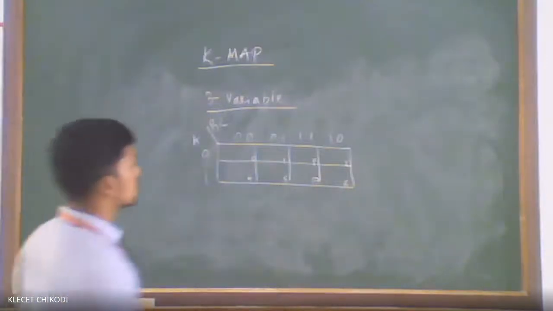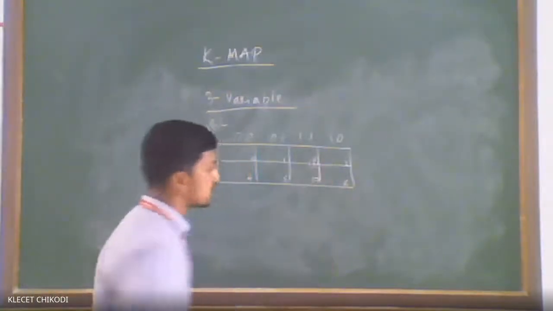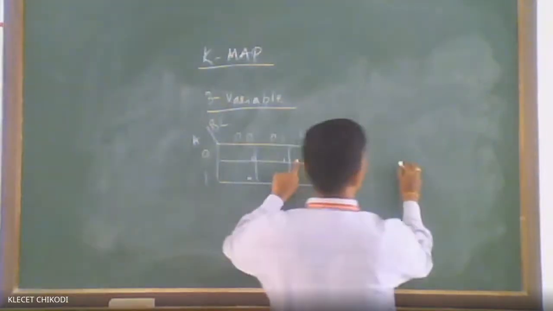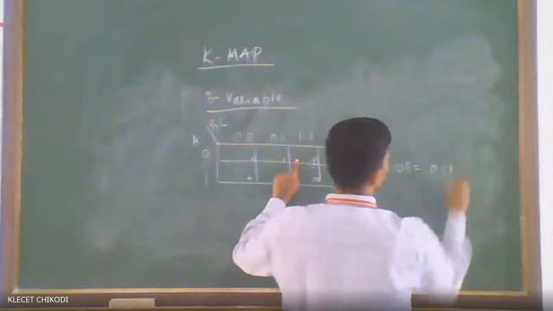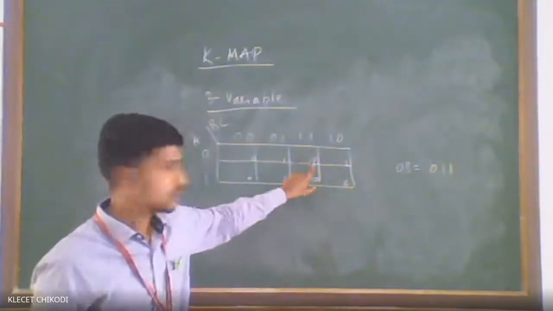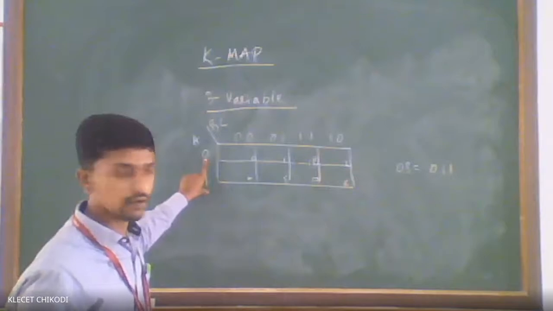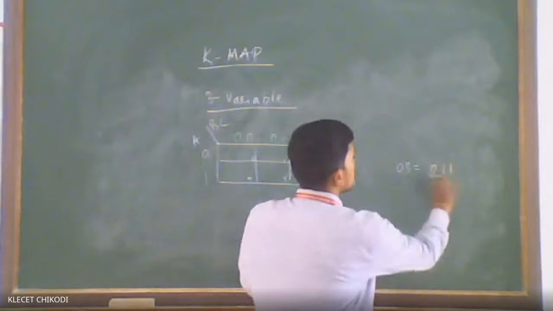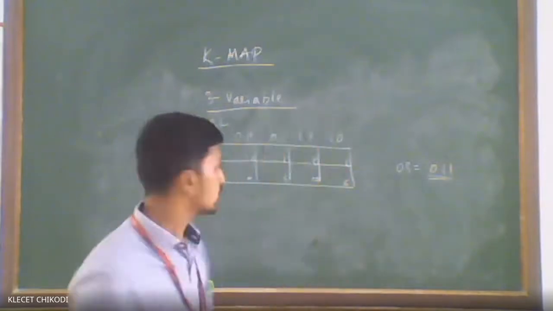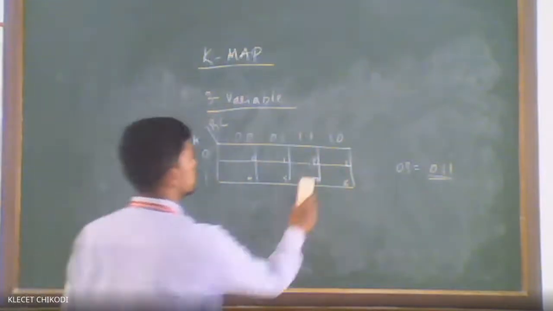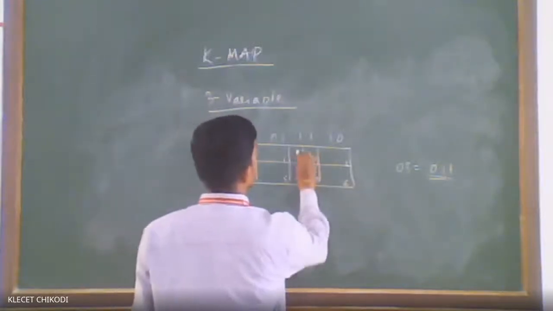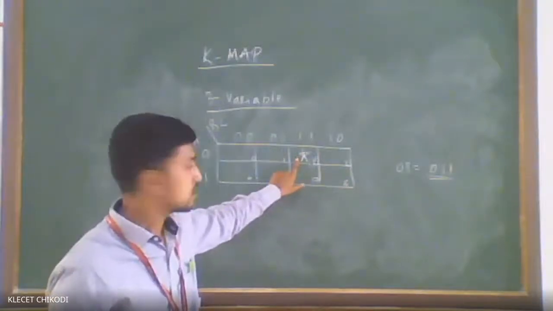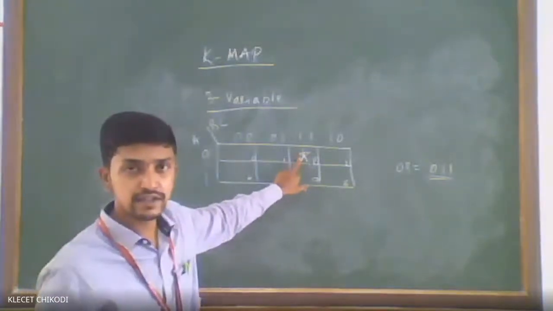Fine. Now, if you consider the third cell, that will be 0 1 1, right? The respective row value is 0 and the respective column value is 1. So it will be 0 1 1. Now, see here, for the third cell, what are the adjacent cells?